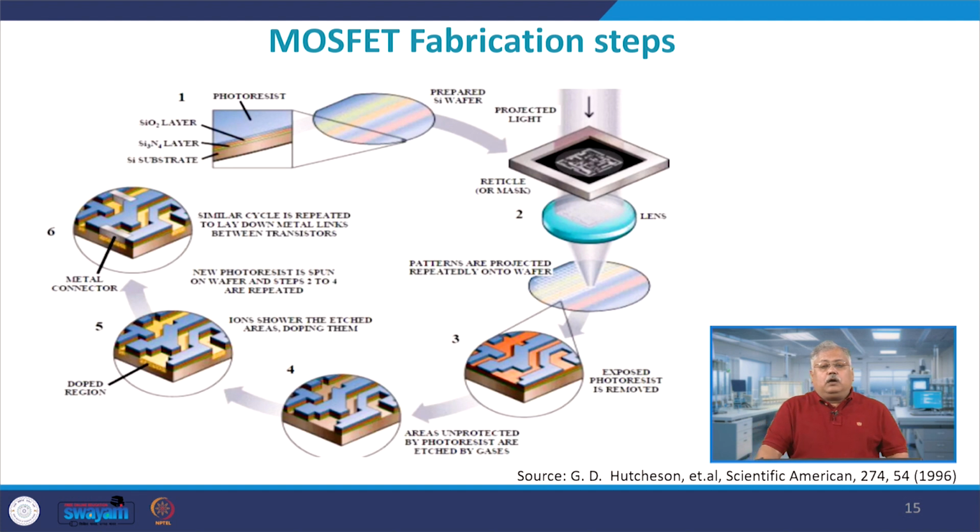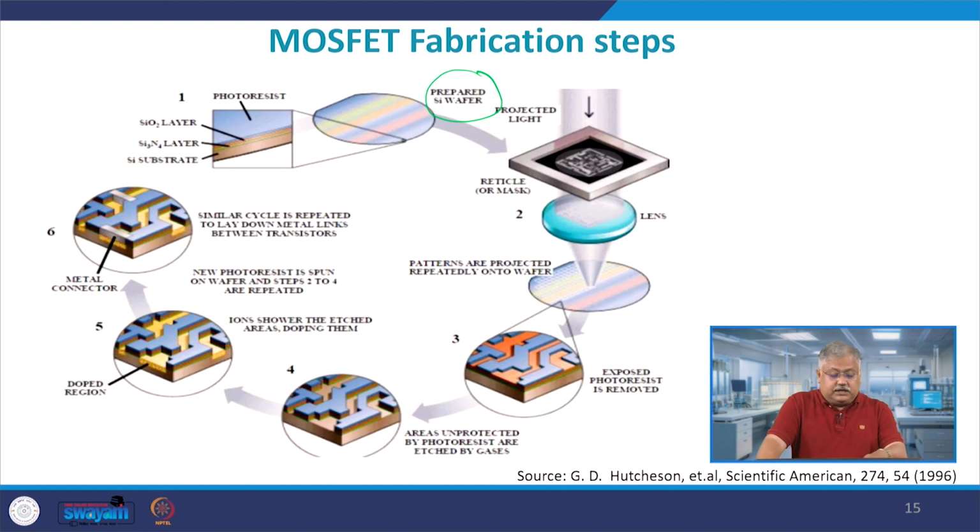Now, let me quickly take up the basic fabrication steps which are available for a MOS device. The first is basically we use a photoresist, and then we prepare the silicon wafer, and this preparation is by itself a very tedious process. Not many fabrication houses have wafer preparation being done, very few of them have it.